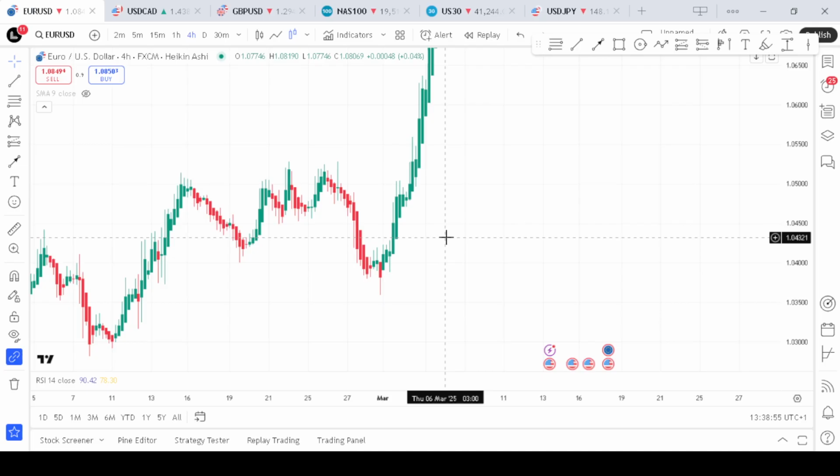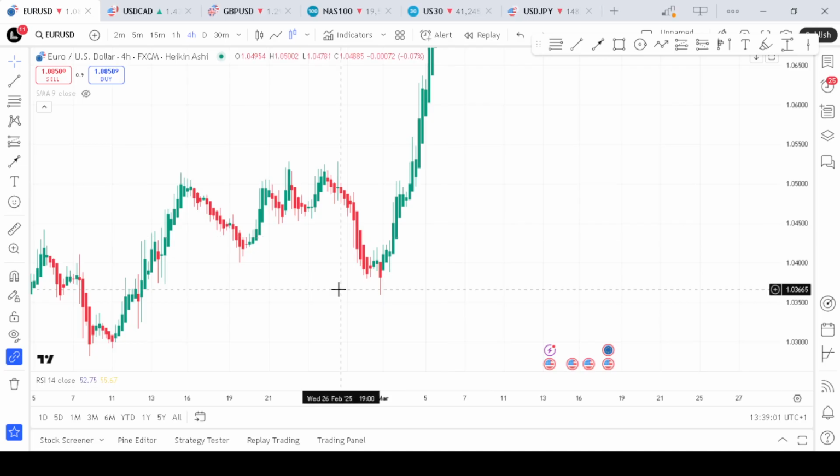By incorporating the Heikin Ashi into your technical analysis toolkit, you can gain a powerful method for identifying trends, spotting potential reversals, and ultimately improving your trading performance.